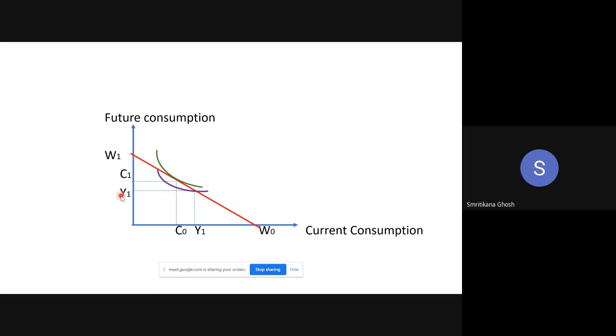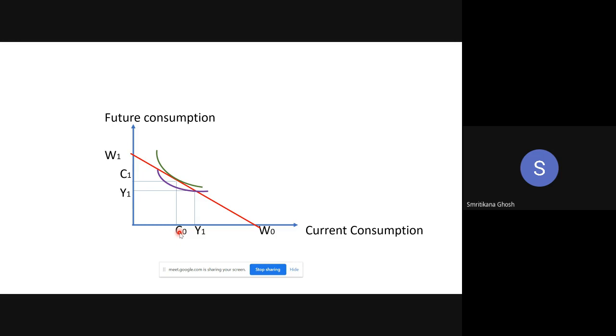Say now that restriction is removed. Now the option of saving and borrowing is given to you. So you are changing your consumption pattern and moving to the higher indifference curve, the blue one. It is tangent to your budget line, so it is the optimum consumption pattern. If you compare, your today's consumption has reduced.